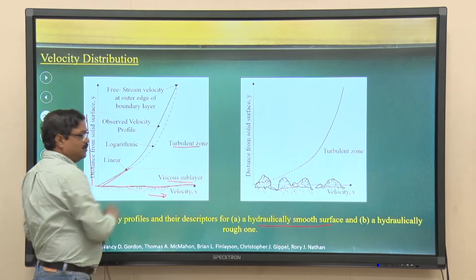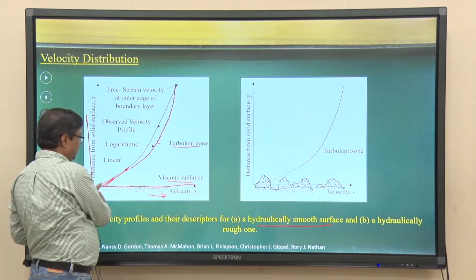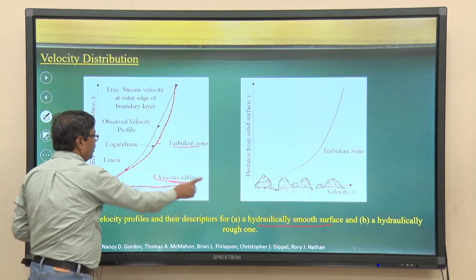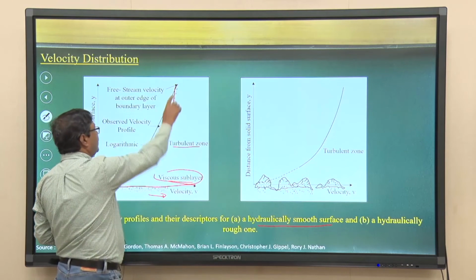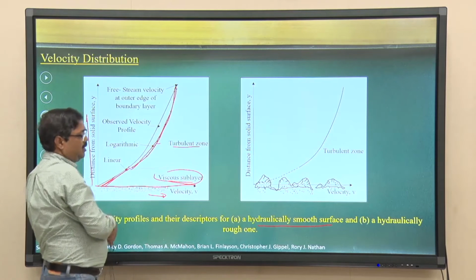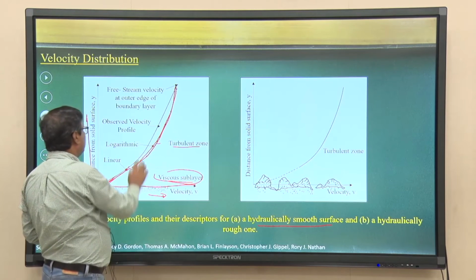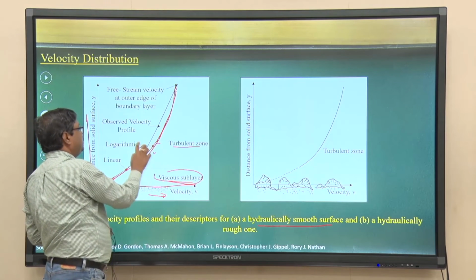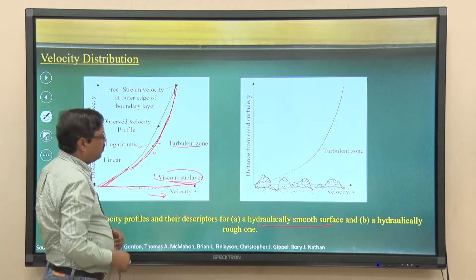The linear part is the viscous sublayer part, a linear velocity distribution in the laminar sublayer in the case of a hydraulically smooth surface, followed by a logarithmic velocity distribution, but there will be a difference between observed and logarithmic profiles.